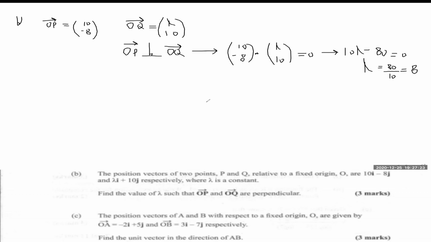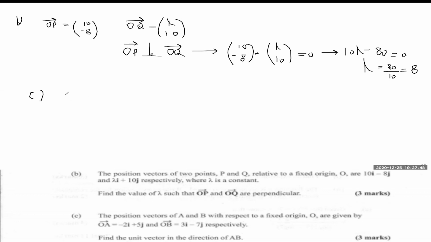The next part is part C. Part C says that the position vectors of A and B with respect to a fixed origin O are given by OA is (-2, 5) and OB is (3, -7).